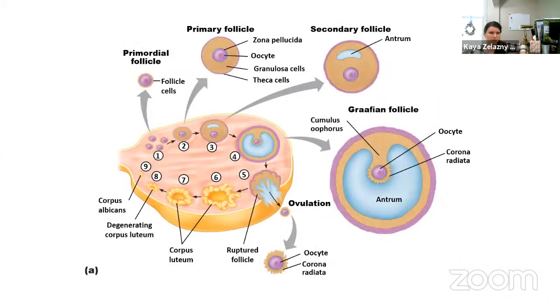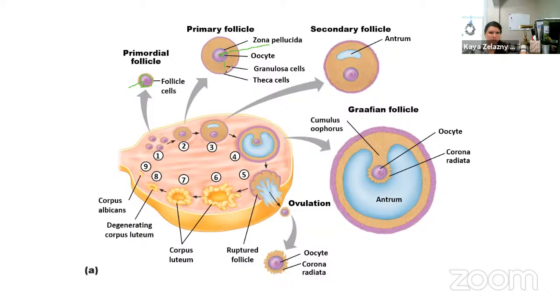Okay. So here's a picture mapping out exactly what we're talking about with all these terms, just because it's helpful to see them. Our primordial follicle had this outer layer of follicle cells. This was our oocyte inside. Our oocyte stays inside, but that outer layer is developing further as we get to this bigger structure, the primary follicle.